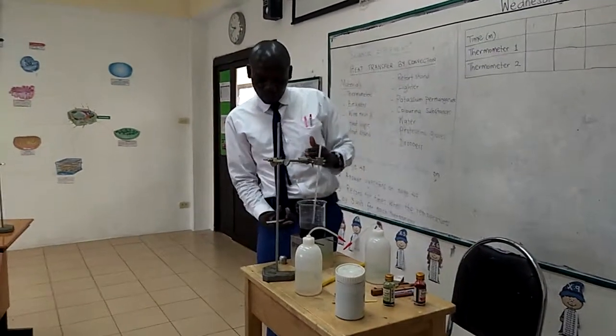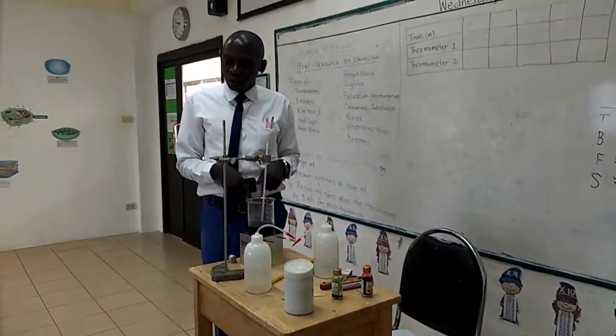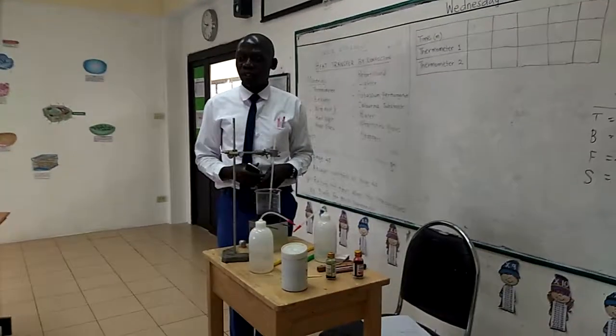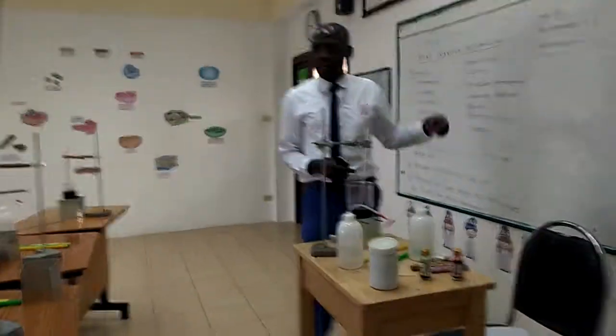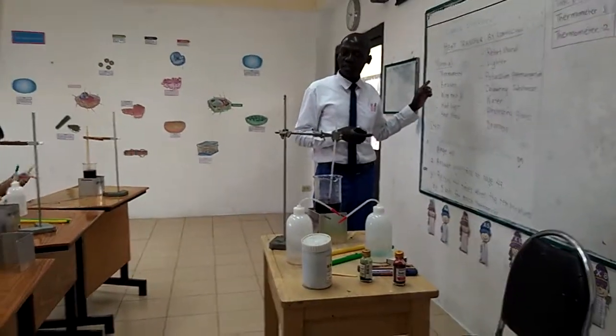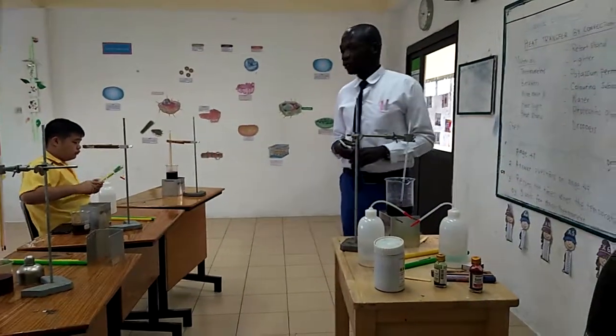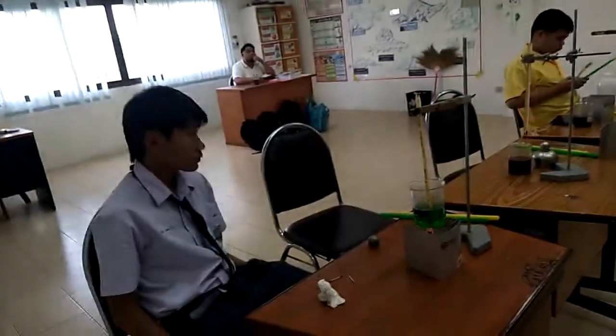That cyclic motion of heat is what we call the convection current. This takes place even in the seas, lakes, oceans.